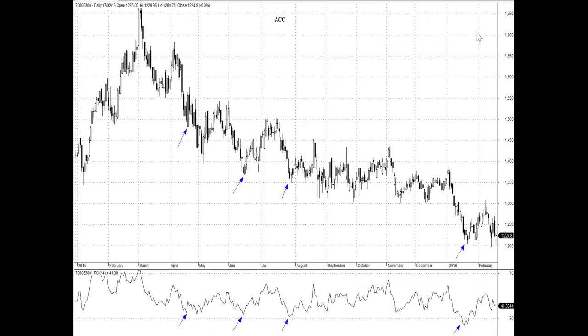All right. So see one more case, ACC daily. Overbought, overbought, overbought, and a new low every time. Here we get overbought again and a new low every time. So every time we get oversold, we make a new low.